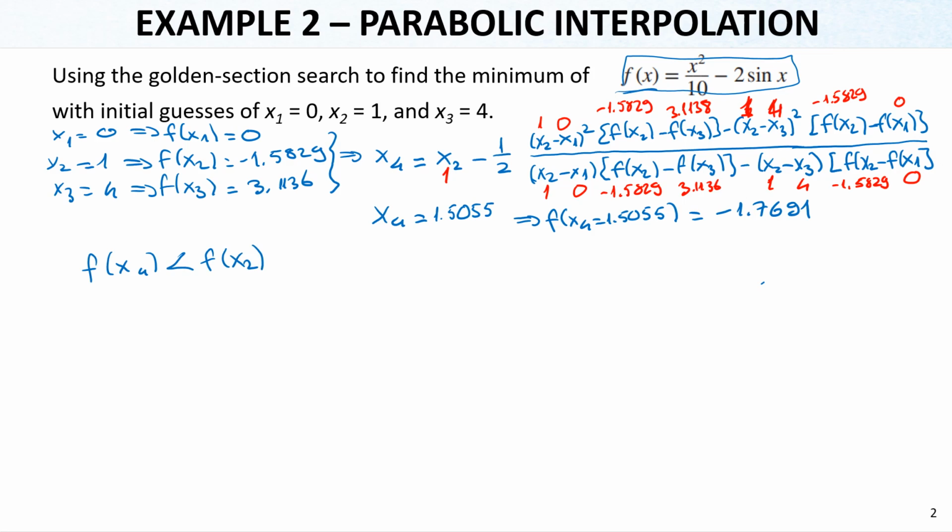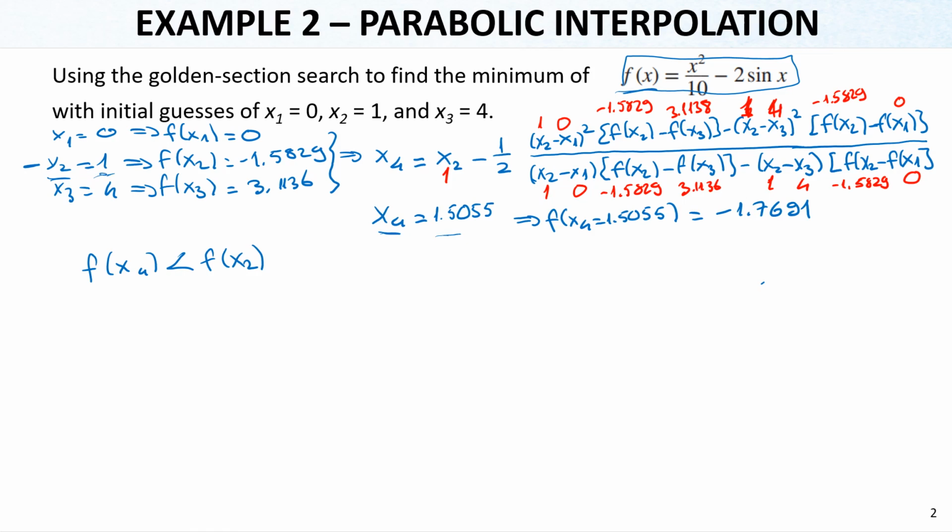We will check the intermediate point, like the golden section. You can think that this is intermediate, and make a comparison between them. And because f(x4) is smaller, then the new x value is to the right of the intermediate point. You can see that this is on the right side of the intermediate point.